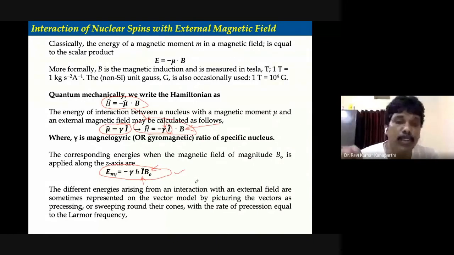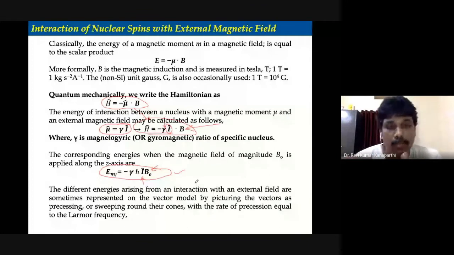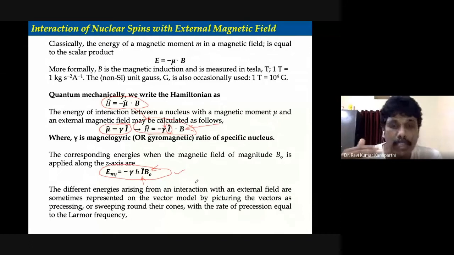Suppose I is non-zero, let's say half. If I is half, it will also have minus half. It cannot have only one particular value. If it is non-zero, starting from minus I to plus I, it will have many values depending upon the I value. Accordingly, we will have different possible energy states. That's the point I want to say.